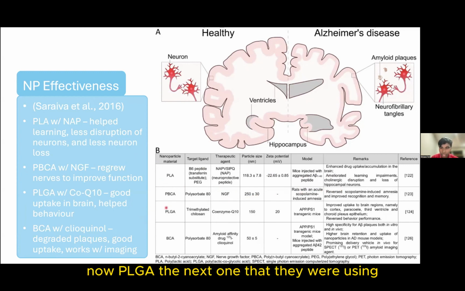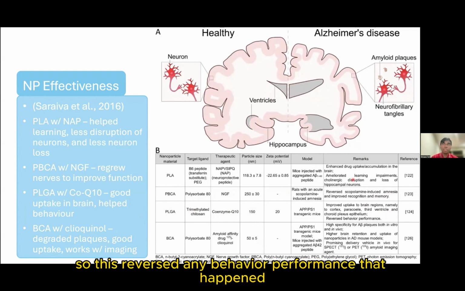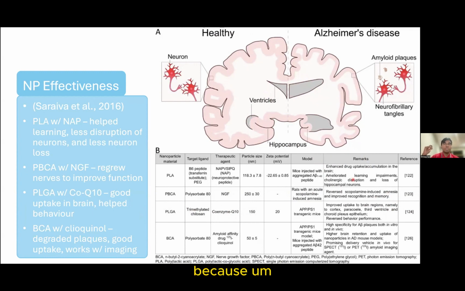Now, PLGA, the next one that they were using, which is polylactic-co-glycolic acid, when combined with coenzyme Q10, had very good uptake to brain regions, namely the cortex, the third ventricle, which is somewhere around here, and the choroid plexus epithelium. This reversed the behavior performance deficits because it specifically worked to reverse the damage to parts of the brain that control behavior in, in this case, mice or rats.